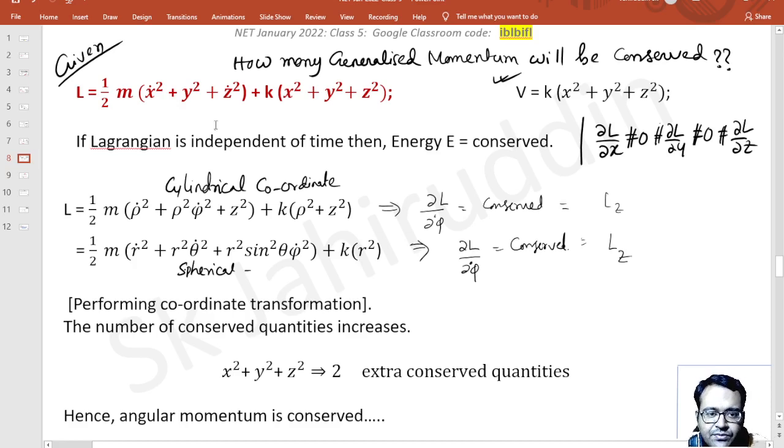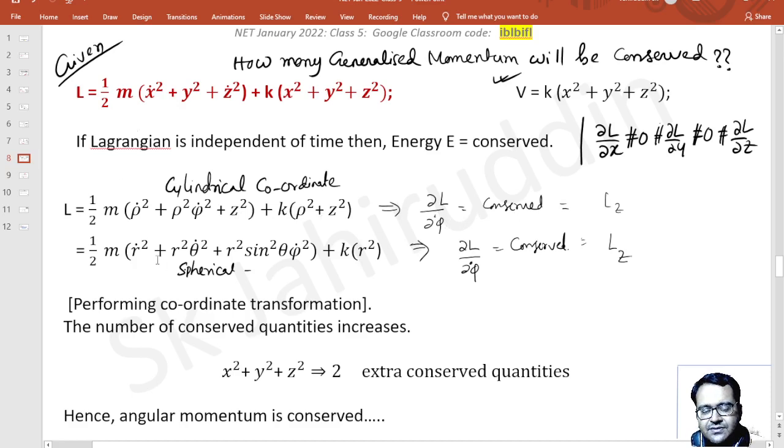So if you transform the Lagrangian from Cartesian to cylindrical and from Cartesian to spherical, you see that the potential, x square plus y square plus z square, is now rho square plus z square. So you see that del L del phi is conserved.